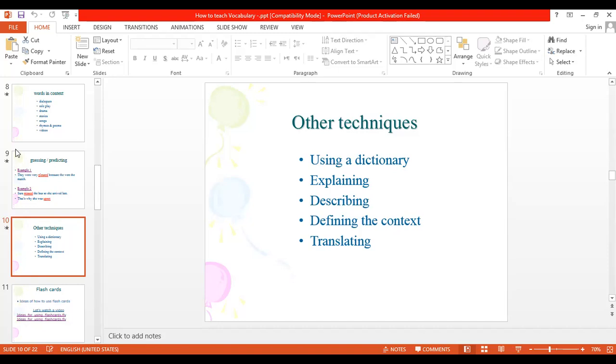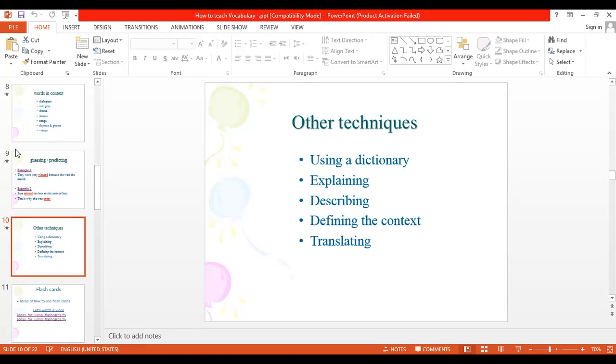Okay, we're moving to the second one, which is explaining. If you're not using a dictionary, you can explain the word for them, or let them elicit it. And if you cannot explain the word, you can describe it for them, or define the context, or you can translate it.